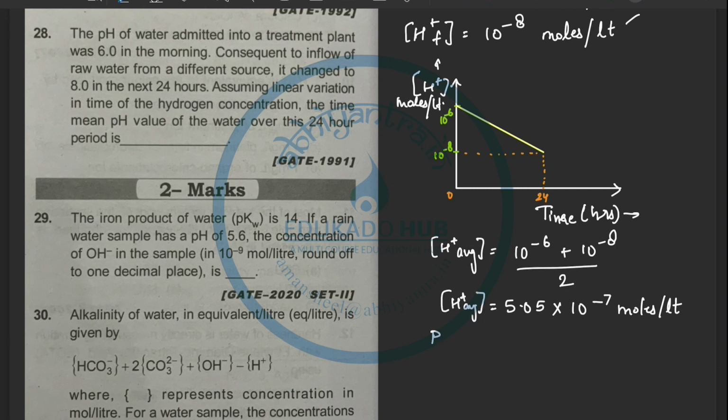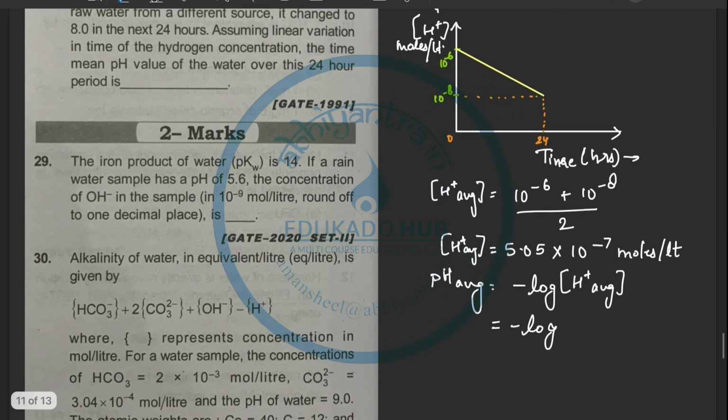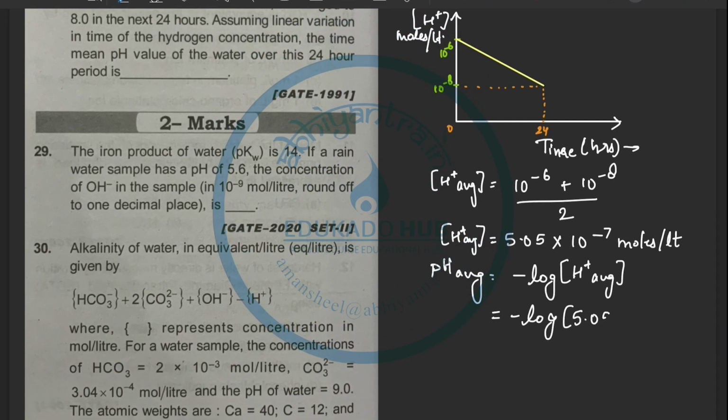Now I can get the average pH value, which will be minus of log H plus average value. So minus of log what? 5.05 into 10 to the power minus 7. It comes out to be 6.296 pH average.